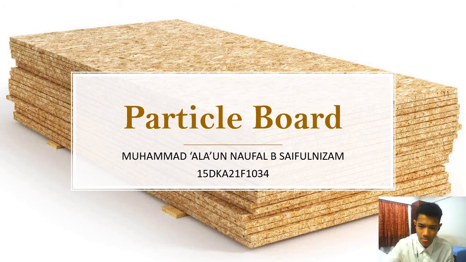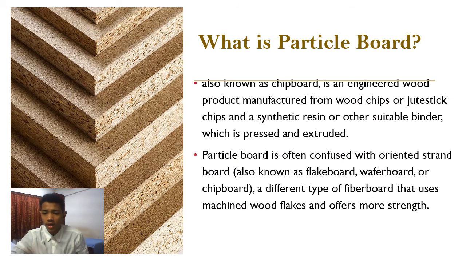Today, I am going to talk about particle board. What is a particle board? Also known as chipboard, it is an engineered wood product manufactured from wood chips and synthetic resin or other suitable binder, which is pressed and extruded.